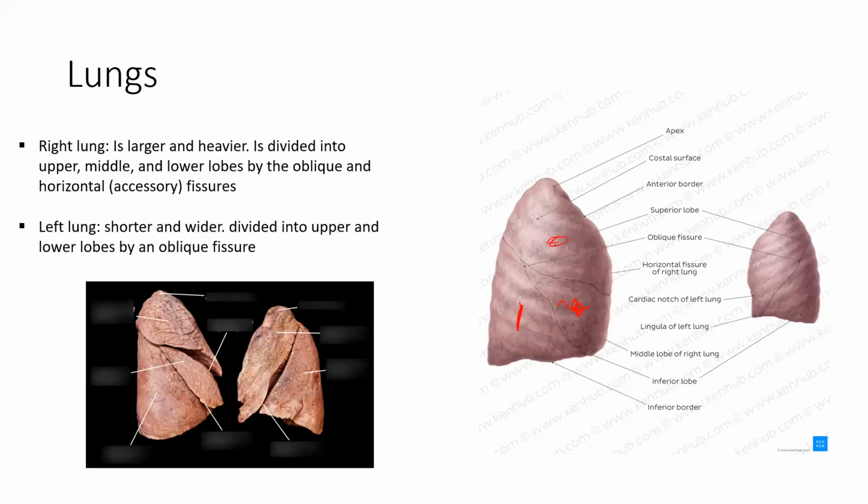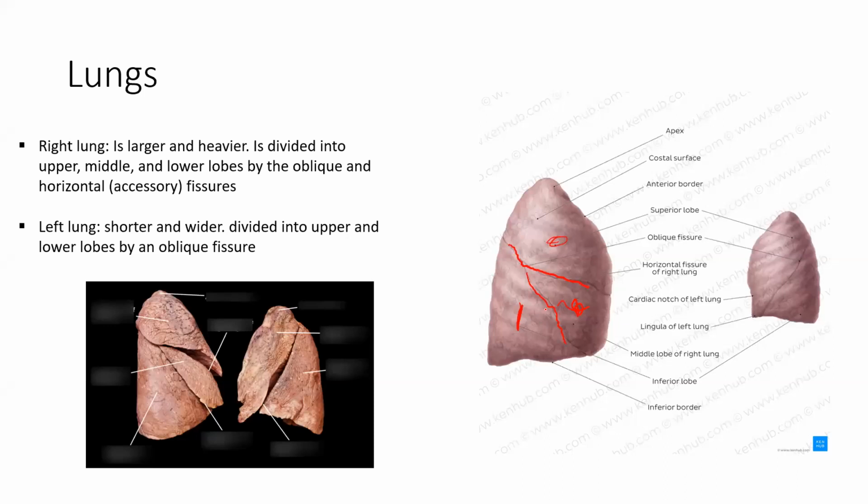The oblique fissure separates the lower lobe from the middle, and then you also have the horizontal line, the horizontal fissure, no sorry, the oblique fissure as you can see, and that's the horizontal fissure that separates the upper lung from the lower lung.